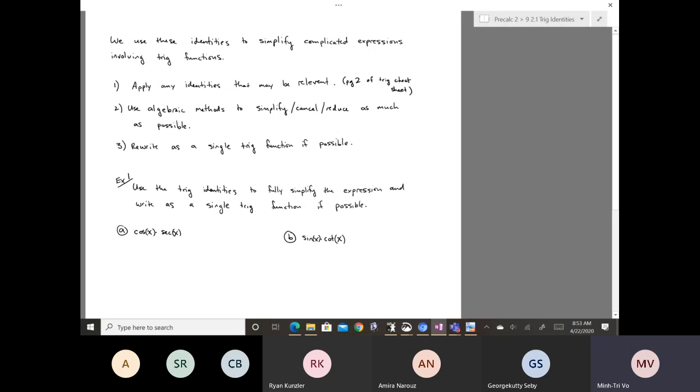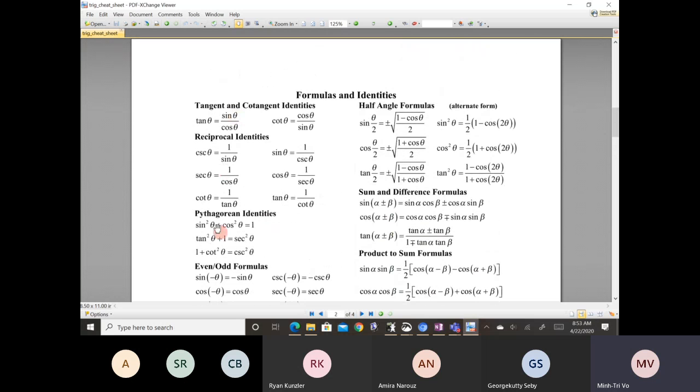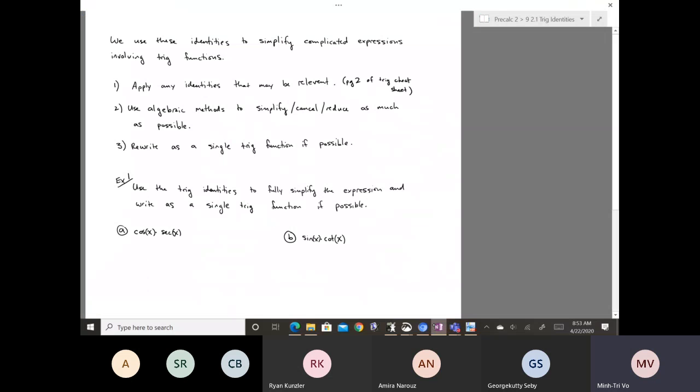So again, first of all, the identities are on the second page of the trig cheat sheet, and in particular, we're focusing on the three sets here: the tangent and cotangent identities, the reciprocal identities, and the Pythagorean identities. So you apply any identities that are relevant, and then once you apply the identities, you use the algebraic methods to simplify, cancel, reduce as much as possible.